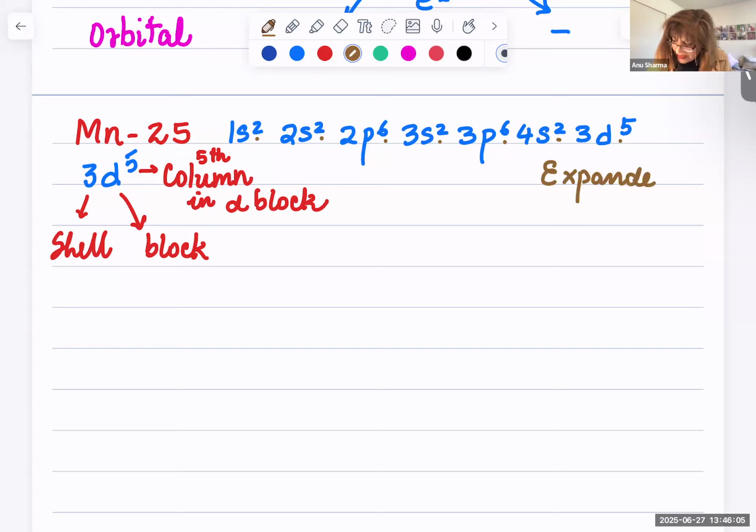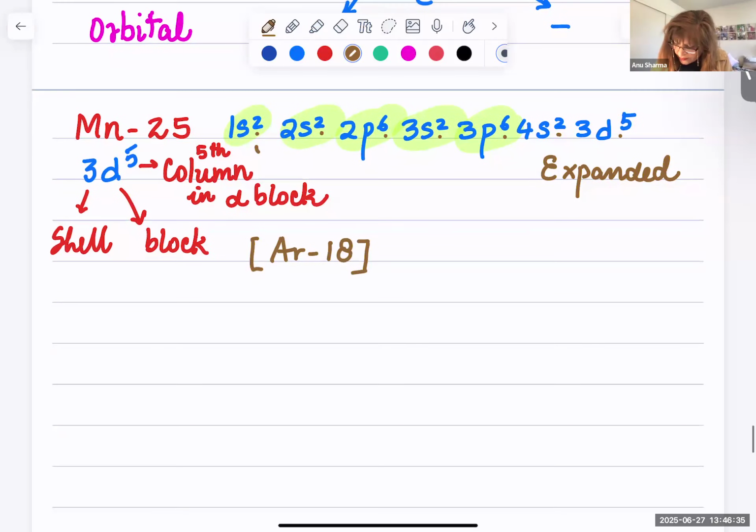Now, if the question says do the condensed, you are only going to look at the nearest noble gas, which is one level above. Neon is 10, but let's see, 10 plus 2 is 12, plus 6 is 18. The remaining, leave it. So these 18 electrons are of argon accounted for.